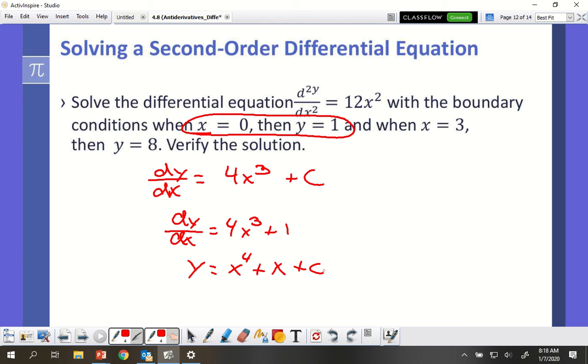It's not the same c as I had last time because I have different conditions for this one too. So my new conditions are when x is 3, y is 8. So that's 8 equals, x is 3, so 3 to the 4th, that's 81, plus 3 plus c.